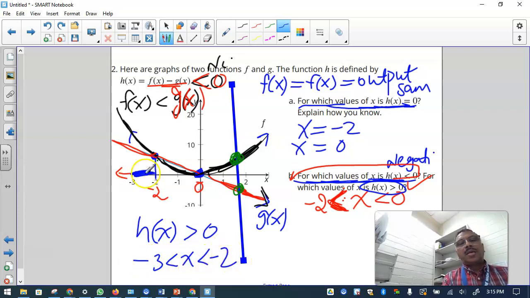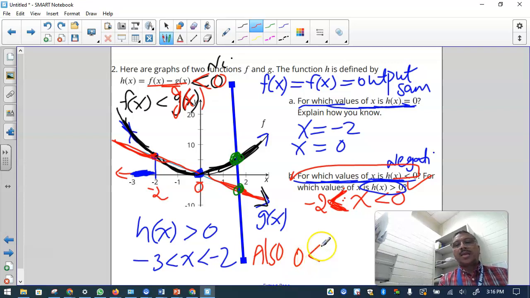Here you see the black graph is up. Because it is up, the output becomes bigger than the red line there. And if you see the other side, on the right side, the black graph is above. So we say from 0 less than x less than 2.